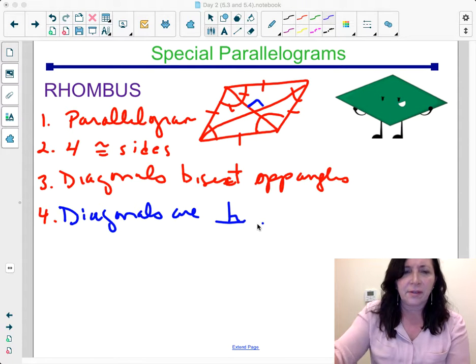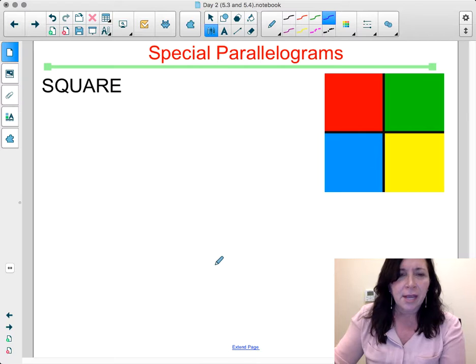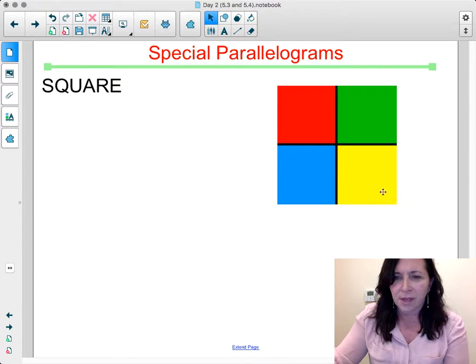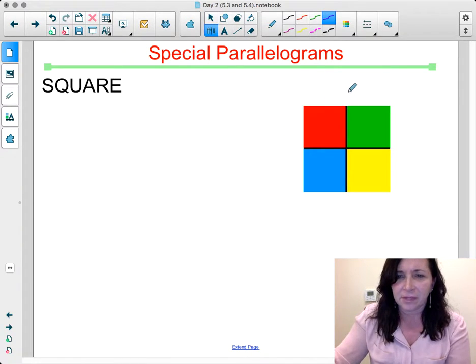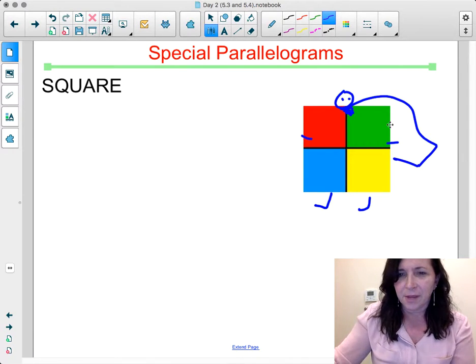The next very special parallelogram is a square. And squares have superpowers because they just have about everything. So let's say there's our square with hands and feet. And of course, what kind of a superpower does have a cape? There we go. All right.